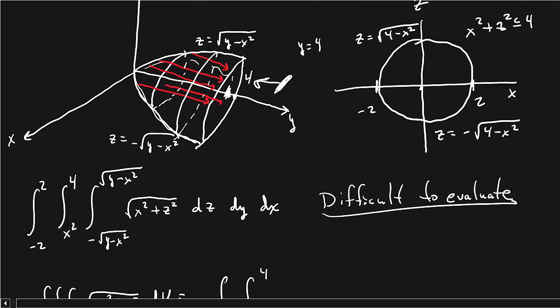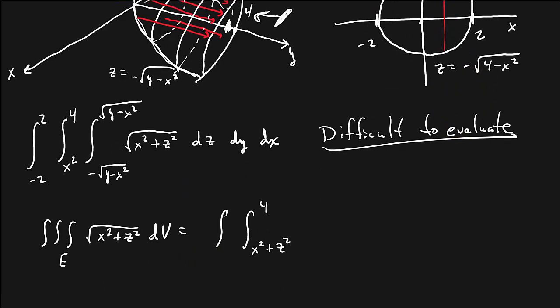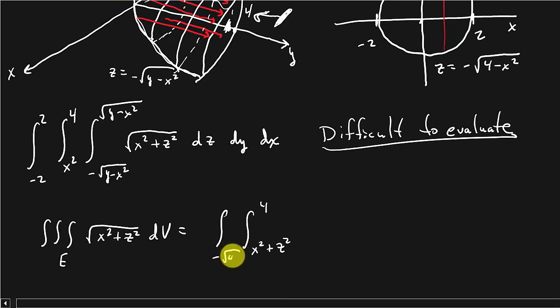And so if I look on the z-axis, I'm going from negative square root of 4 minus x squared, because see, I'm going like this, to square root of 4 minus x squared.